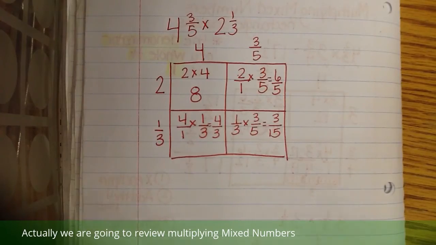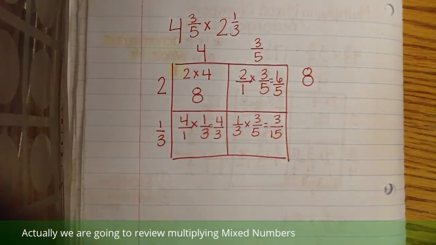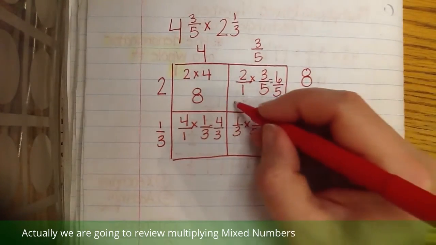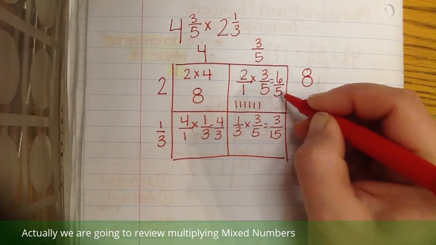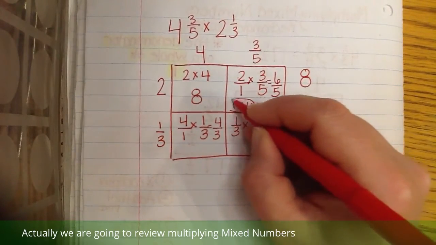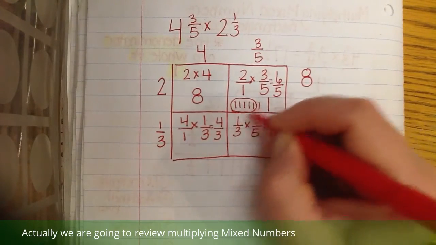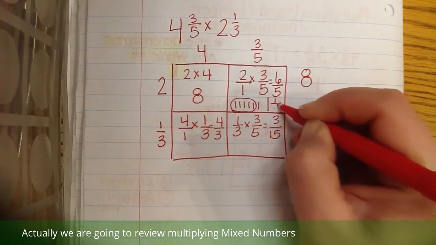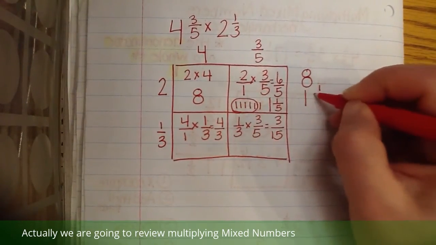Now I have to add. 8 wholes, 6/5. Is there a better way for me to write that? 1, 2, 3, 4, 5, 6. How many go in a group? 5. 1 whole group, 1 left over.